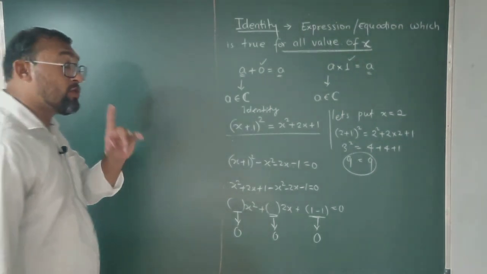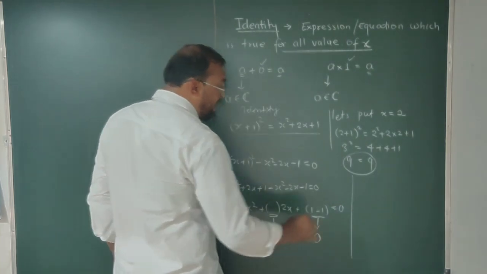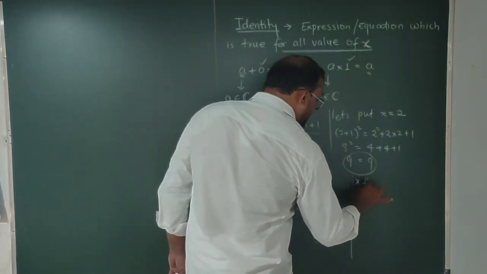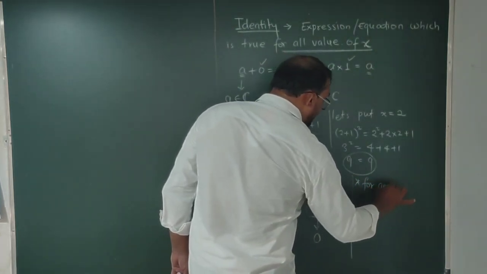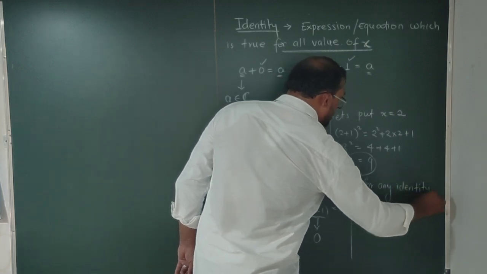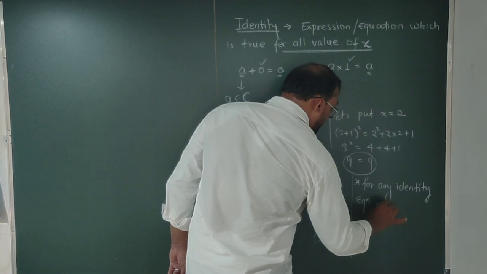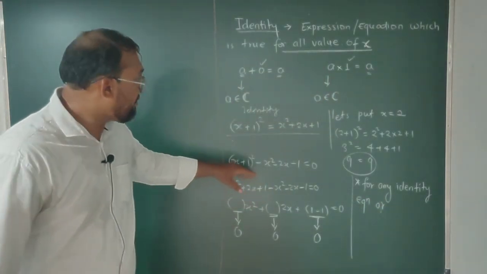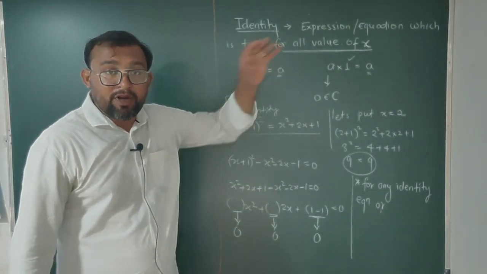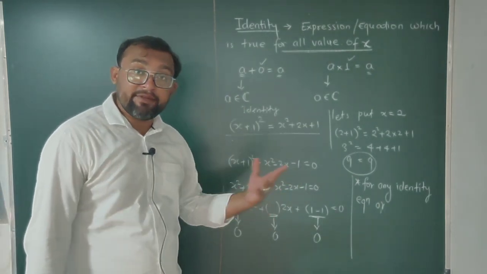That means this is the most important part, that for any identity equation, we can say that since here values of x are infinite, but for quadratic we only need two roots to be equal to 0, but here are infinite roots.